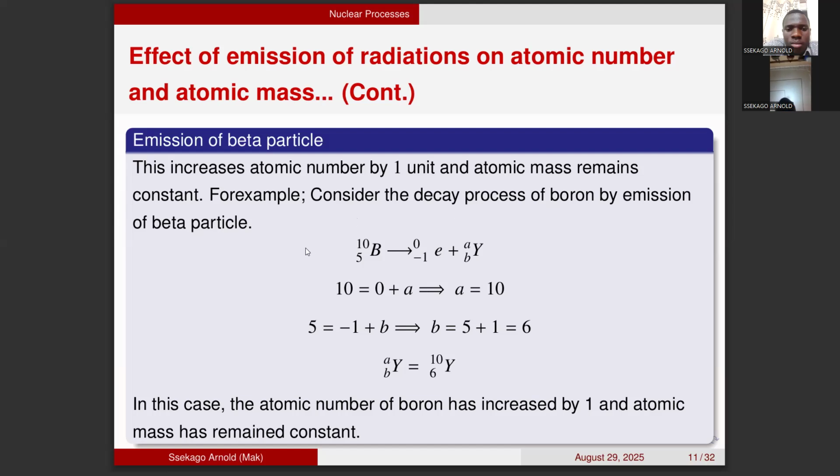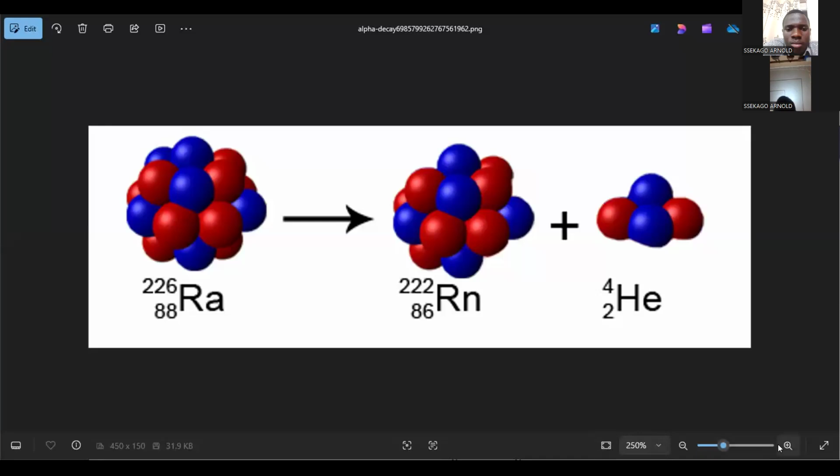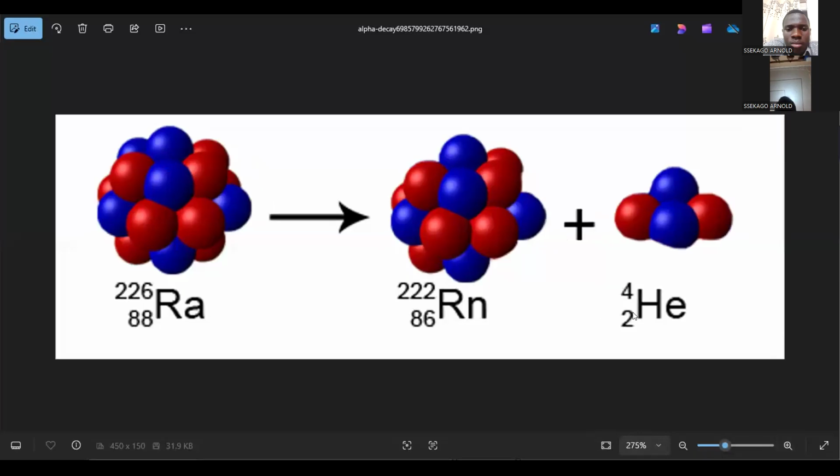Here for you, in the activity, you are going to consider the decay process of this thing here. Now this is what we saw for alpha particle.